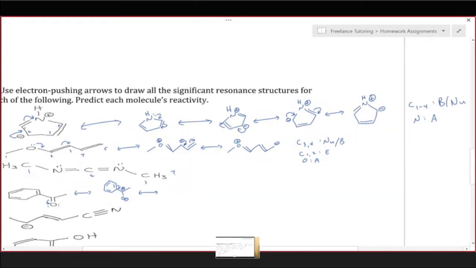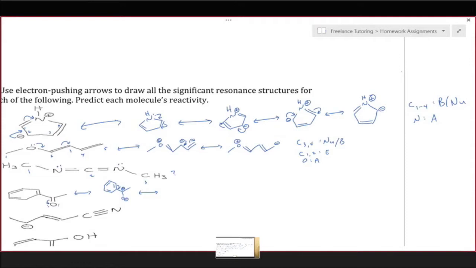All right, so I'll take a look at the next example. Okay, so which carbons do you predict would be nucleophilic? Carbons 3 and 4.